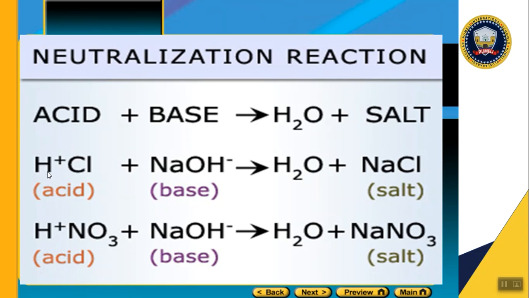An acid like HCl and a base like NaOH will produce a salt like NaCl and H2O. Another example, an acid like HNO3, these two acids are strong acids, plus NaOH, which is a strong base, they will produce NaNO3, sodium nitrate as a salt, and H2O.